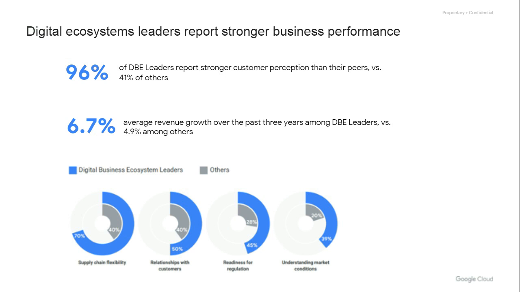Most importantly, they also see greater flexibility in a lot of business-critical processes like supply chain and relationships with customers, or readiness for any regulation changes that they may expect.